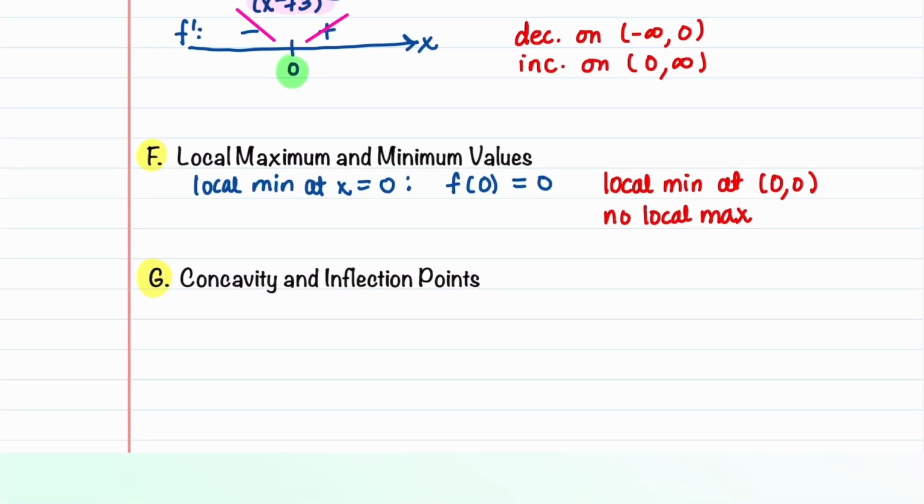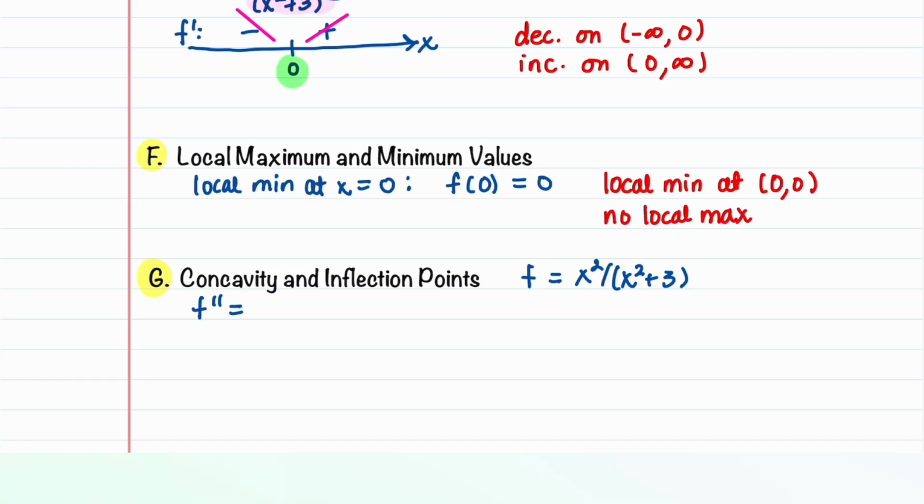Let's now look at concavity and inflection points. For the inflection point, we're going to need to find the value of f at a point. So let's go ahead and write down what f is again. F is x squared, all divided by x squared plus 3. To find concavity, we need to use the second derivative. So let's write down what that is.